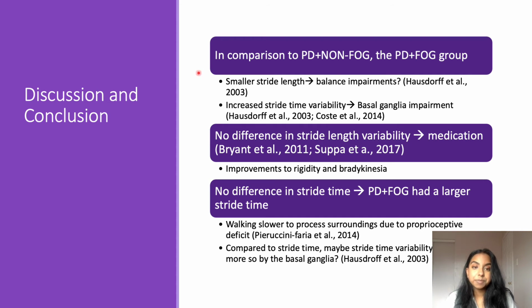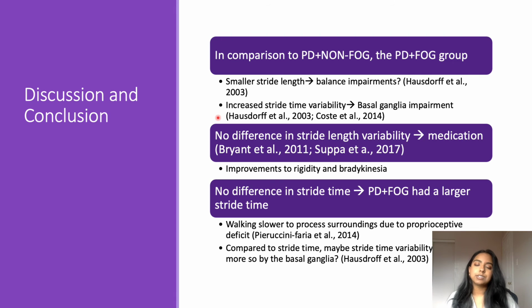So together, in comparison to the non-freezers, the freezers had smaller stride length. And this may be because freezers are more likely to have balance impairments. So maybe as they're walking, they are consciously reducing their stride length to be more cautious while they're walking.